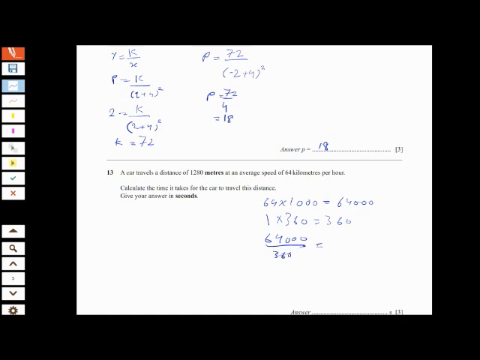That would give you 17.8 meters per second. So now that we have the speed, we use the formula distance over speed equals time. So distance is 1,280 over 17.8. That would give you 71.9 seconds.